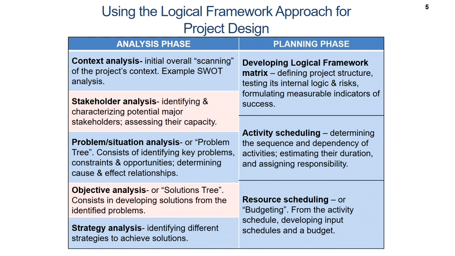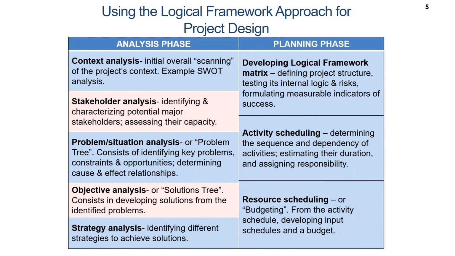Stakeholder analysis helps us in identifying and characterizing potential major stakeholders and assessing their capacity. Problem analysis, also called situation analysis, results in a problem tree. So, we move from one step to the other and create a problem tree, which consists of identifying the key problems, constraints and opportunities, determining cause and effect relationships and so on.